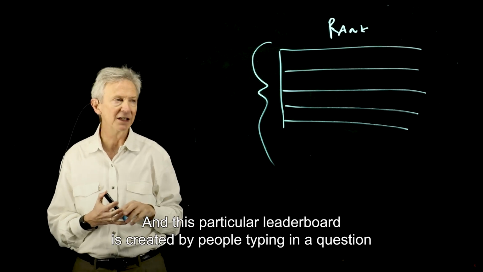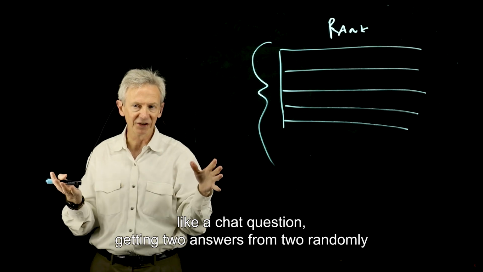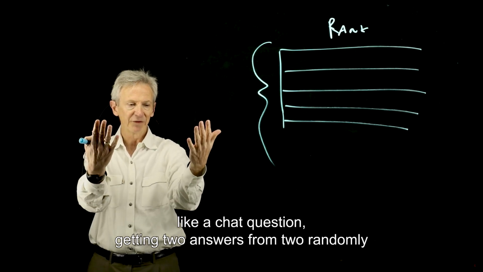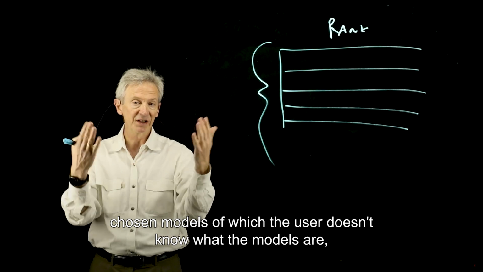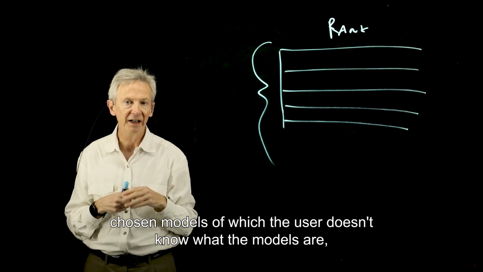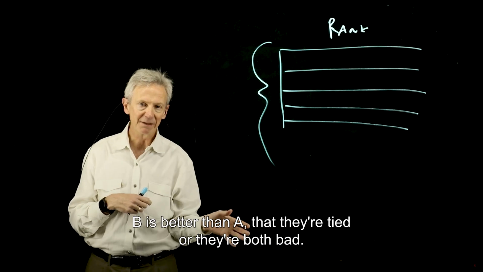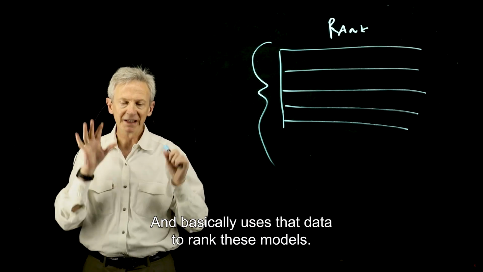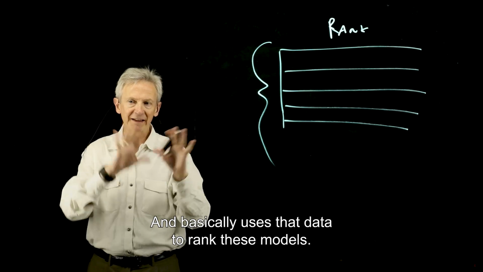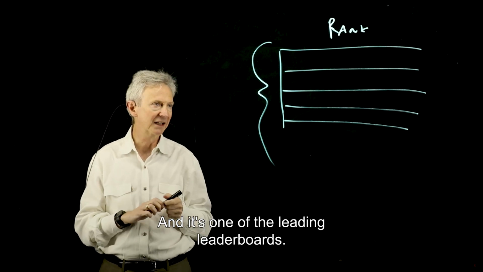This particular leaderboard is created by people typing in a question, like a chat question, getting 2 answers from 2 randomly chosen models, of which the user doesn't know what the models are, and then picking whether they think A is better than B, B is better than A, that they're tied, or they're both bad. Basically it uses that data to rank these models, and it's one of the leading leaderboards.